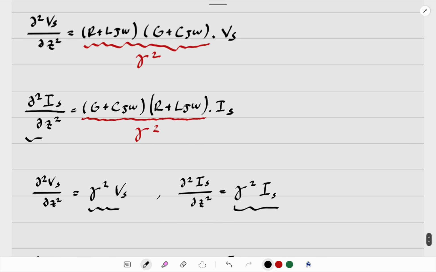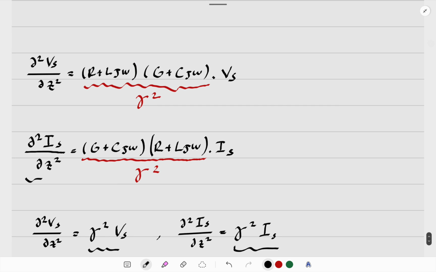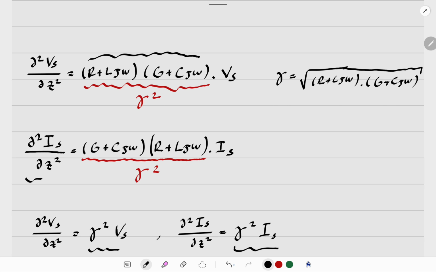And if you say this one is a square, it means that also gamma squared equals R plus Lj omega times G plus Cj omega. Right, if the square of this one is this equation, if you take a square root of it, we end up with this equation.